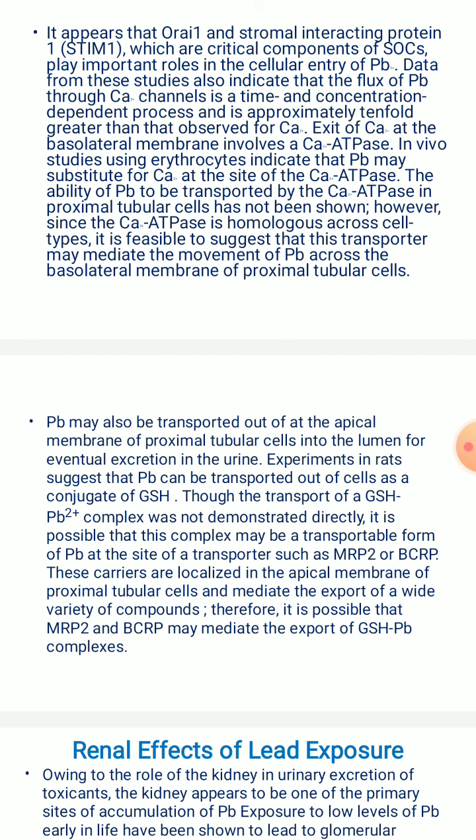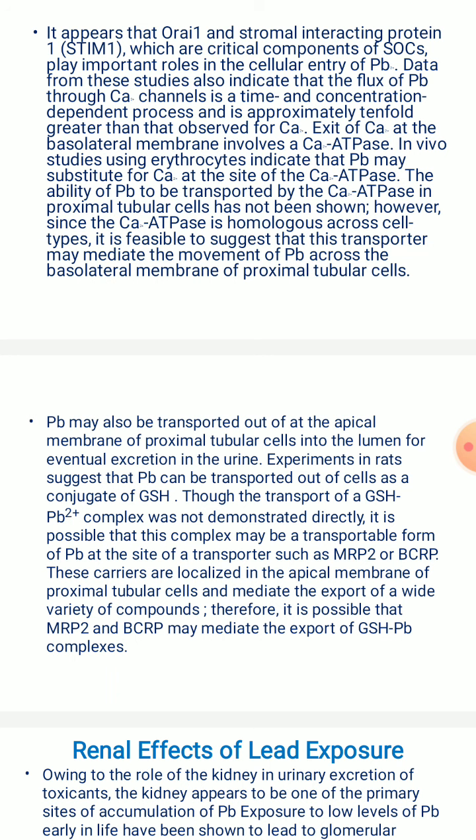It is possible that this complex may be a transportable form of lead at the site of transporters such as MRP2 or BCRP. These carriers are localized in the apical membrane of the proximal tubular cells and mediate the export of a wide variety of compounds. So it is very possible that MRP2 as well as BCRP mediate the export of these GSH-lead complexes.